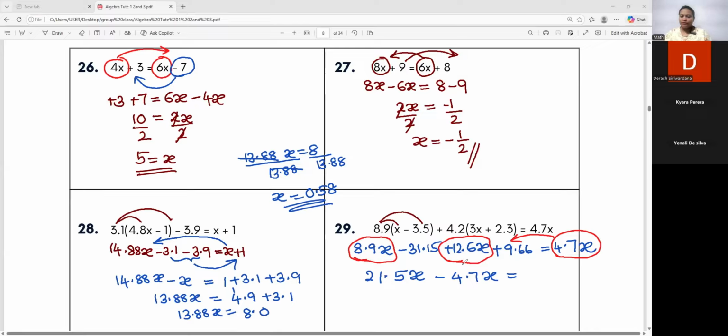Plus 31.15 goes as minus 31.15, and 31.15 goes as plus. Then 9.66 is minus 9.66.